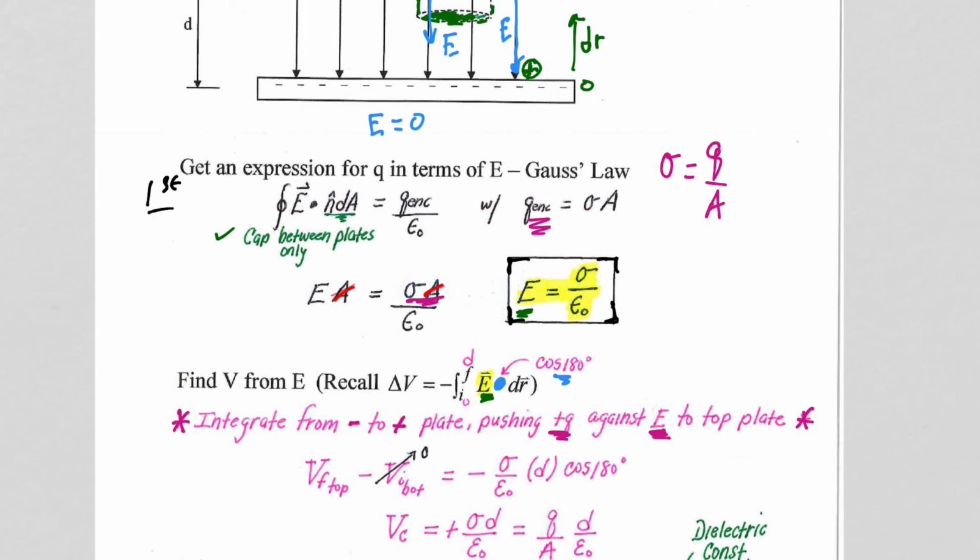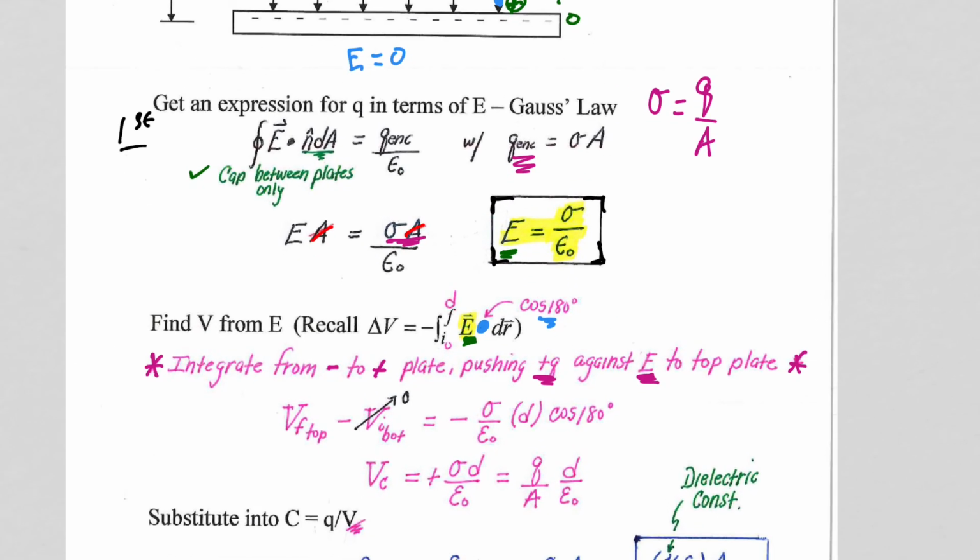So when we do that, we get a very nice result. The electric field is sigma on epsilon naught, so E is constant, and it comes out of the integral. We're left with the integral of dr from 0 to d, which is d. We've already talked about why we get the cosine of 180, so that goes along with this negative to give us our positive sigma d on epsilon naught.